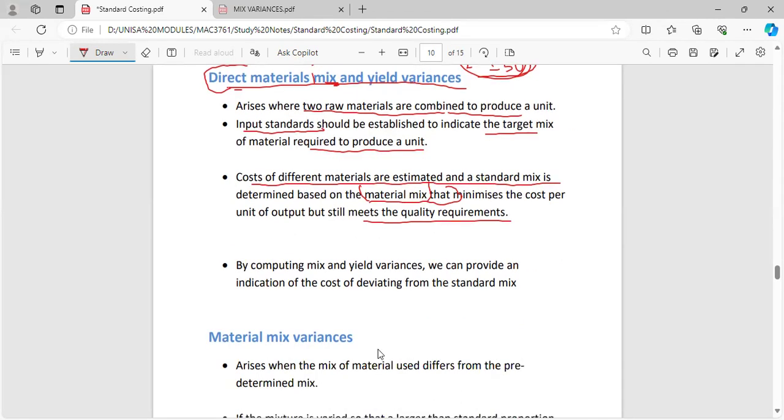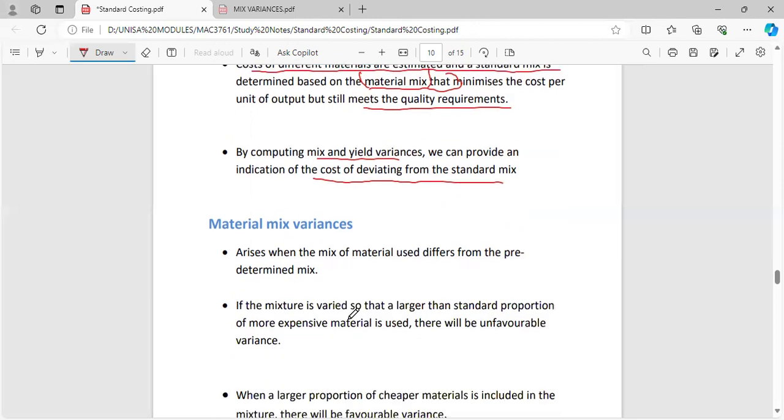Then they say by computing mix and yield variances, we can provide an indication of the cost of deviating from the standard mix. So since we already have our predetermined mix, and when we get our actual, then that's where the variance is going to come.